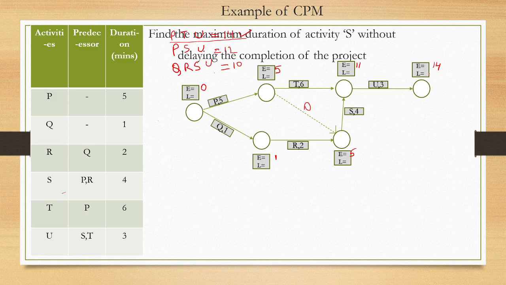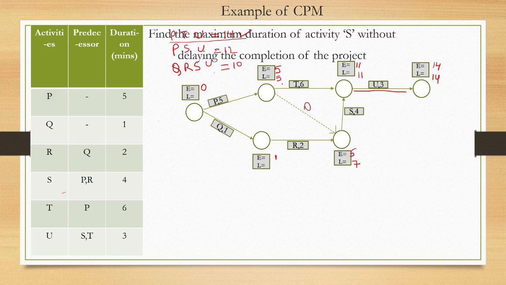Let's fill in the values of L. So this is 14. 14 minus 3 is 11. So this is one critical activity. 11 minus 4 is 7. This is not a critical activity because it has some extra time. 7 minus 0 is 7 and 11 minus 6 is 5.